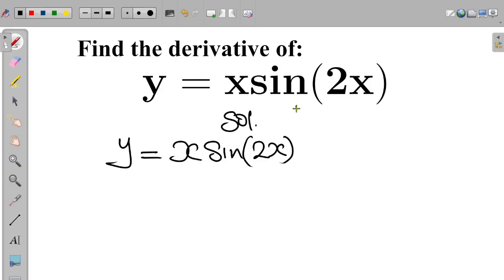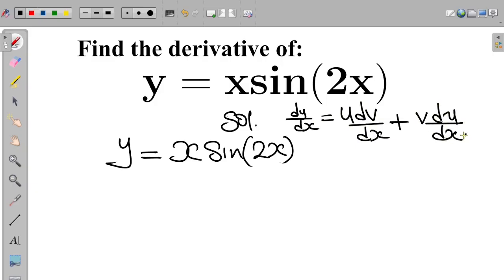So recall that dy over dx, the product rule is giving us u dv over dx plus v du over dx. So at this point, we can have that let x be u and let sine 2x be v.